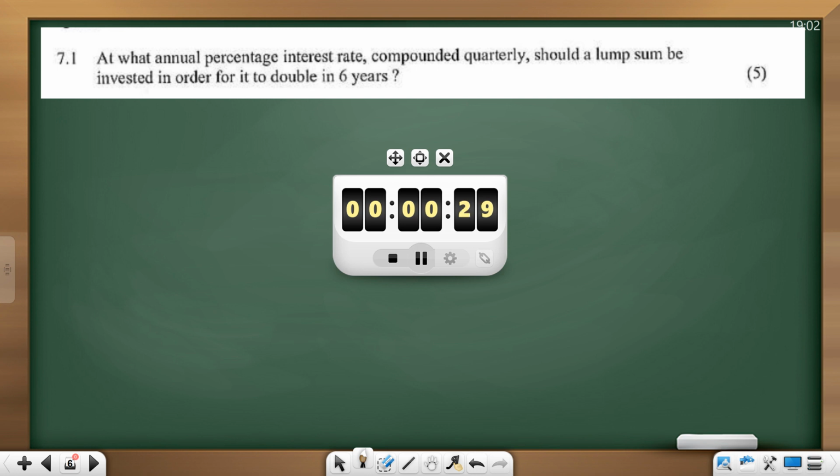Yes, but don't you have to change that? No, don't change anything. Already annual.